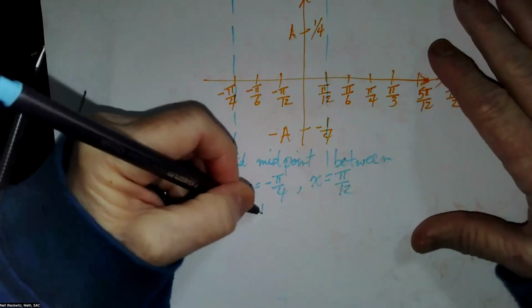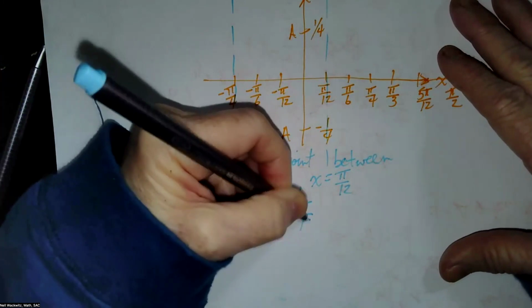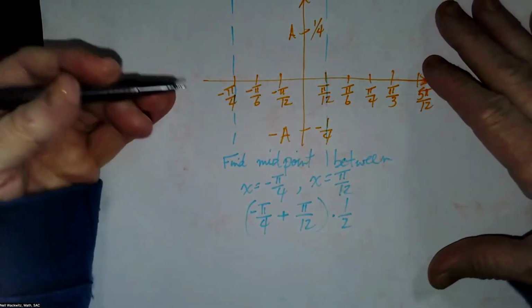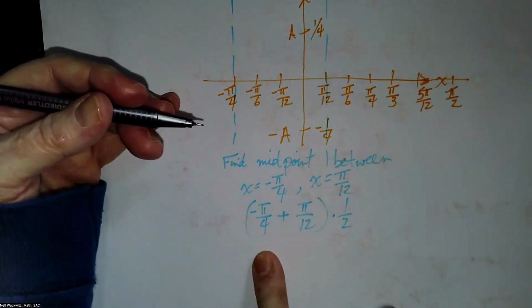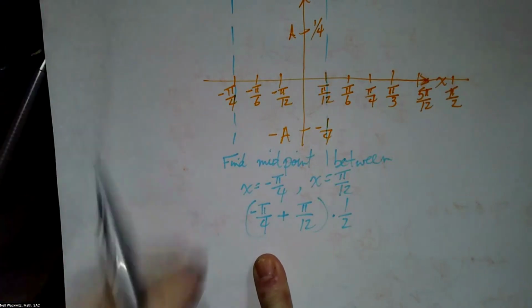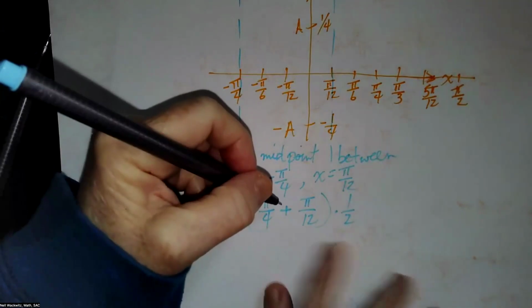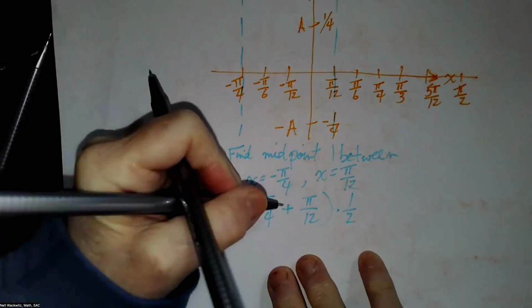So I've got negative pi over 4 plus pi over 12 times 1/2. What do I need to do to combine the two fractions? Common denominator. Good. And it looks like 3. Yes, multiply by 3.